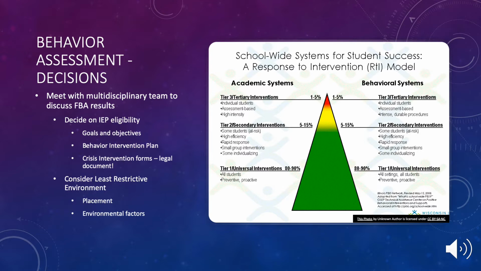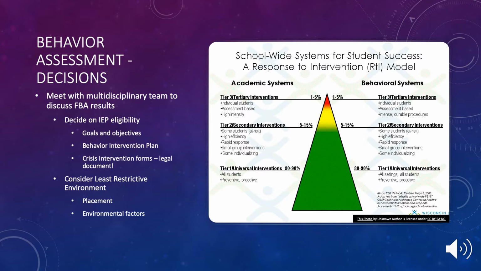So, as part of the functional behavior assessment, you're going to decide on the eligibility for an IEP. You're going to look at different goals and objectives for changing the behaviors.